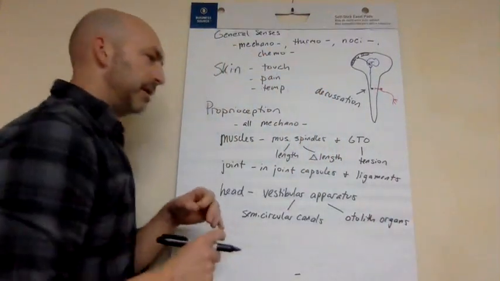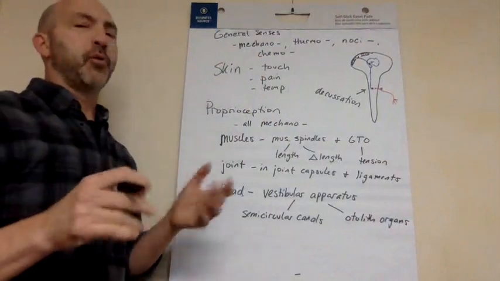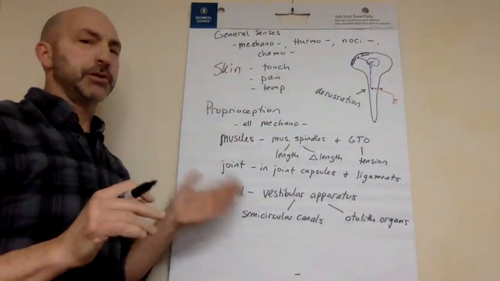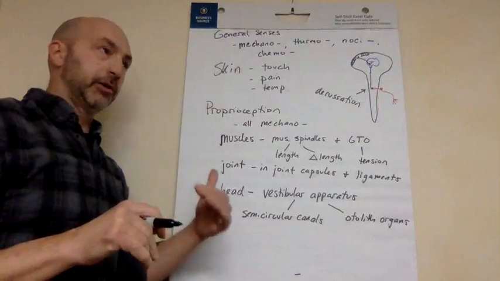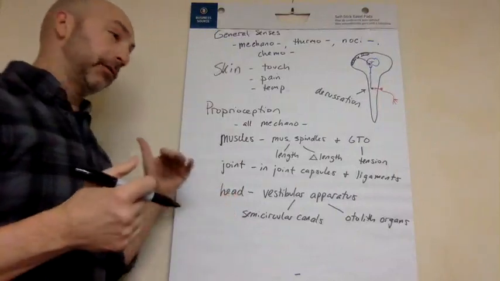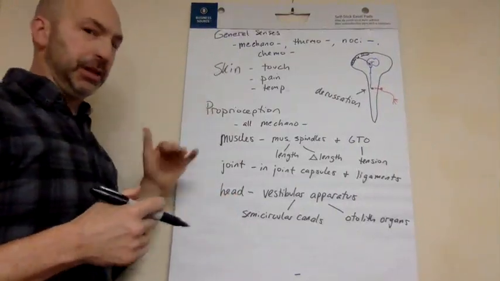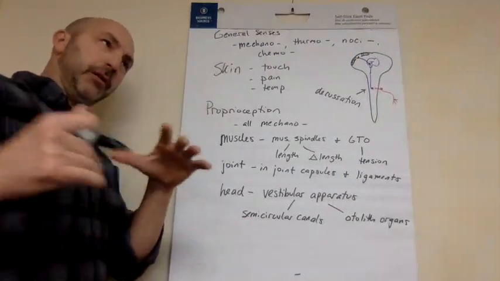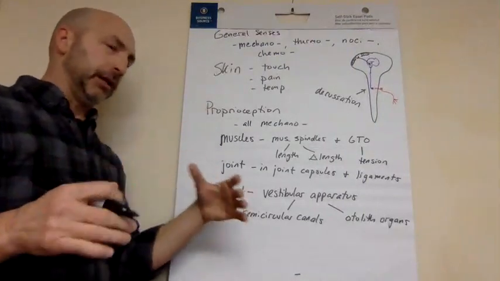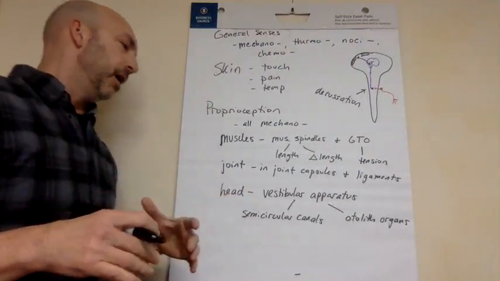Now, we are going to punt the greater portion of the detail of this to when we start talking about the inner ear with hearing. But I want to point it out now because it really is part of proprioception. It's not part of hearing, even though it's found very closely associated with the hearing structures.